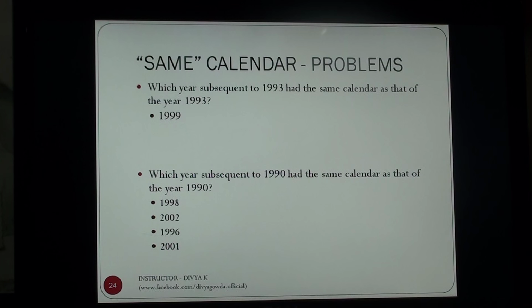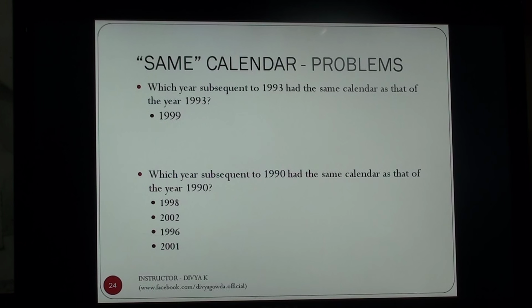Fine. So next one, which year subsequent to 1990 had the same calendar as that of 1990 itself? So see, 1990, is it a leap year? No, because the last 2 digits are 90. It is not divisible by 4. Therefore, it is not a leap year. Is it a year next to leap year? No, because 1988 was the previous leap year.